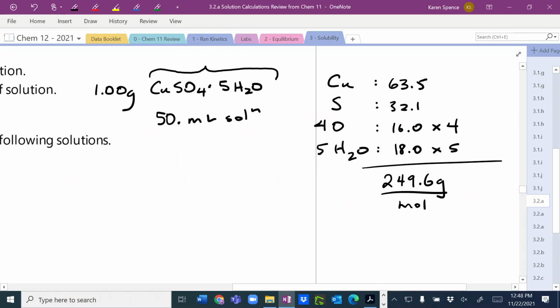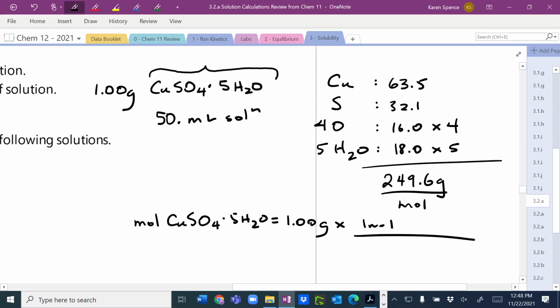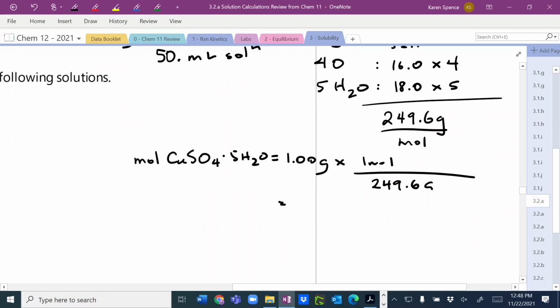Now we have 1 gram, so the moles of CuSO4·5H2O is equal to 1 gram times 1 mole per 249.6 grams, which is 4.006 times 10 to the negative 3 moles.